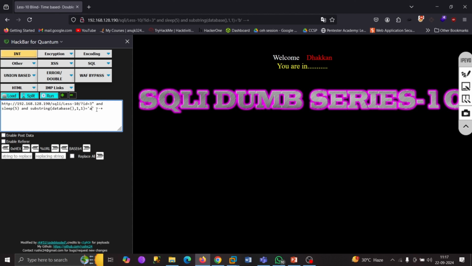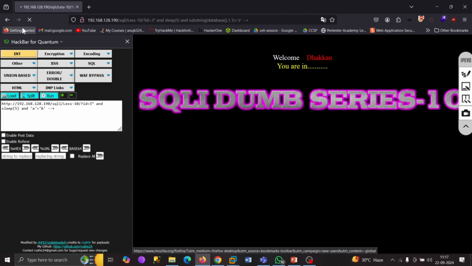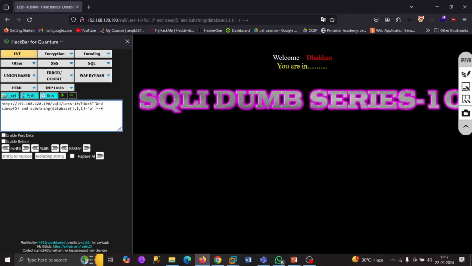If I do S, the first database, first character, and run this, notice it went for 5 seconds, it was delaying the response for 5 seconds. That means now we got to know that the first letter of the database is S using substring, right?